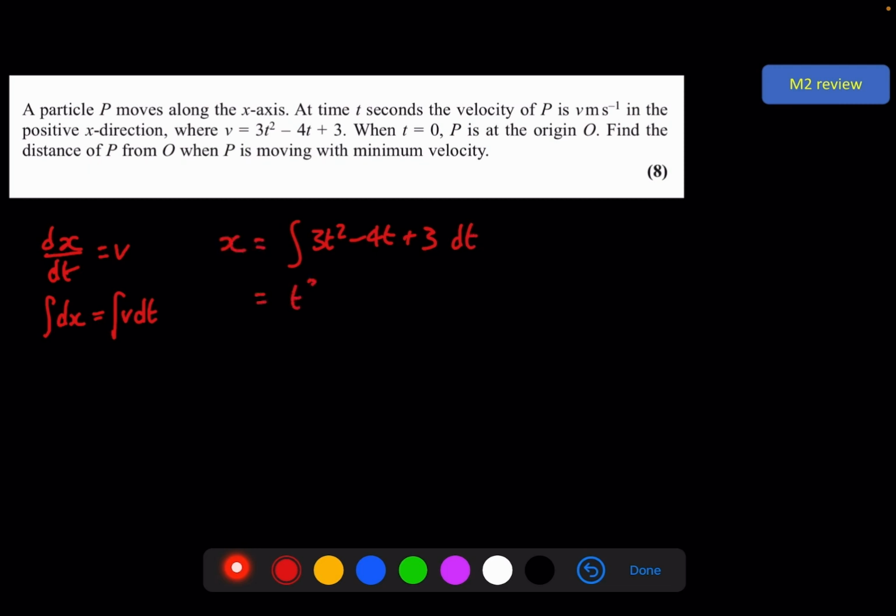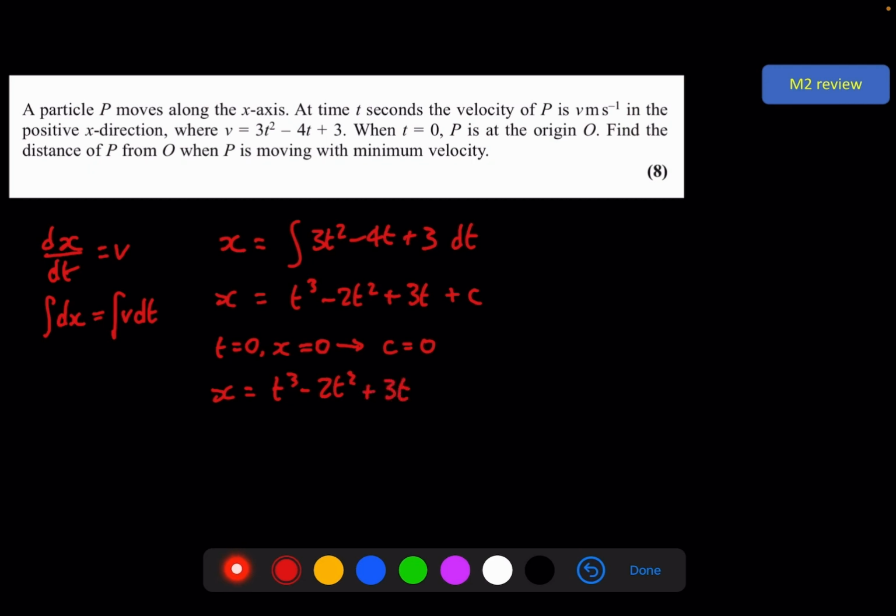That gives t cubed minus 2t squared plus 3t plus c is x. Using our boundary conditions, when t is 0, P is at the origin, so x is 0. So when t is 0, x is 0, which means c is 0. So our expression for the displacement is this.